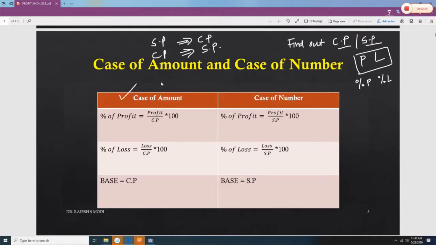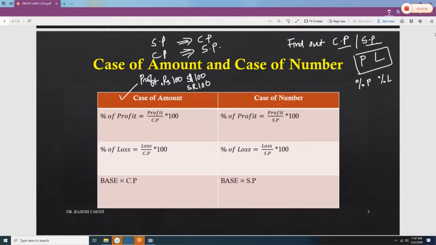If it is a case of amount, the profit figure is coming in some currency form. For example, a profit of rupees 100 or $100 or real 100 or yen 100 or dirham 100. Any currency figure will be given, and from that currency figure you have to calculate the profit percentage.